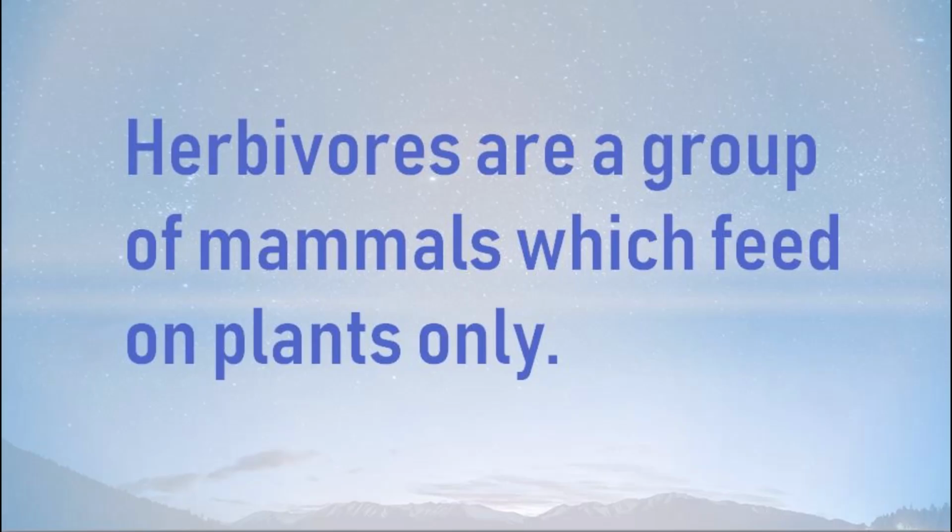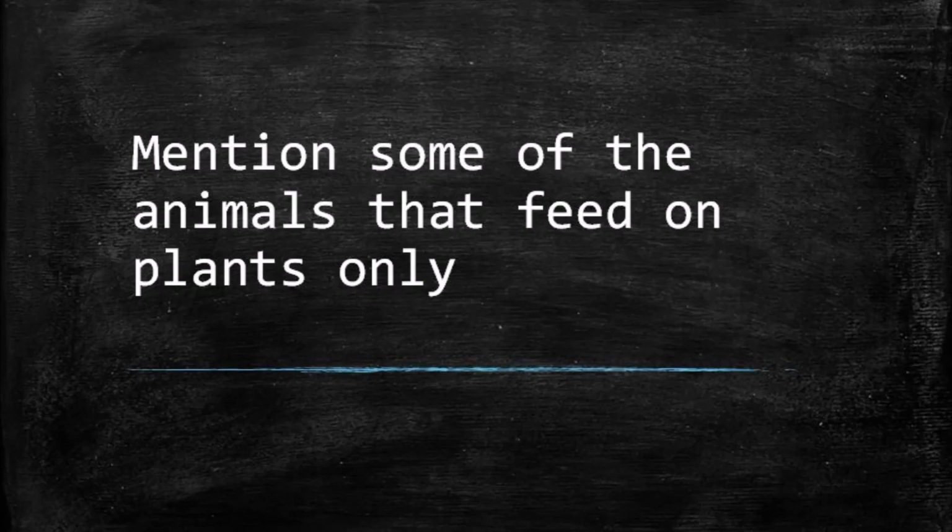Herbivores are a group of mammals which feed on plants only. Lana, can you mention some of the animals that feed on plants only? Discuss with your friend and put them down on a piece of paper.